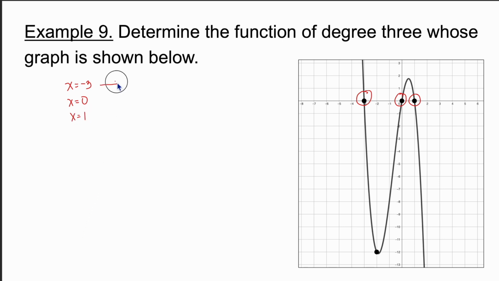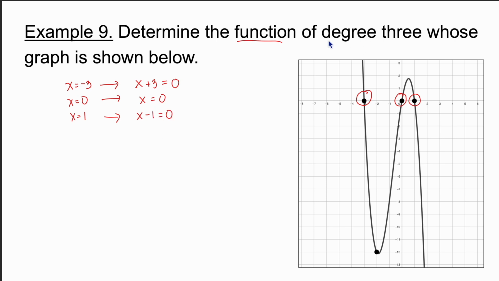This translates now to x plus 3 equals 0. Ibig sabihin, x plus 3 is a factor of the function. Ito naman, since x equals 0, so x equals 0 lang yan. And this one translates to x minus 1 equals 0.